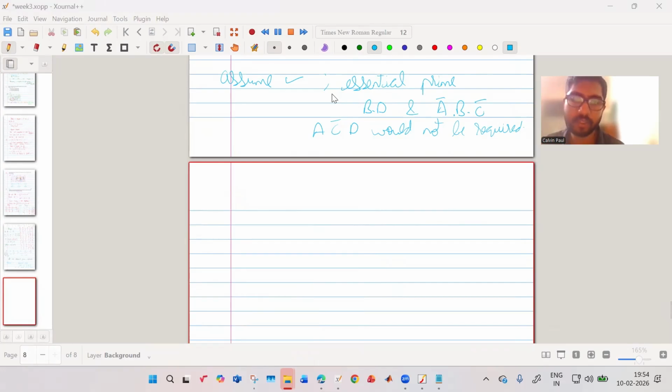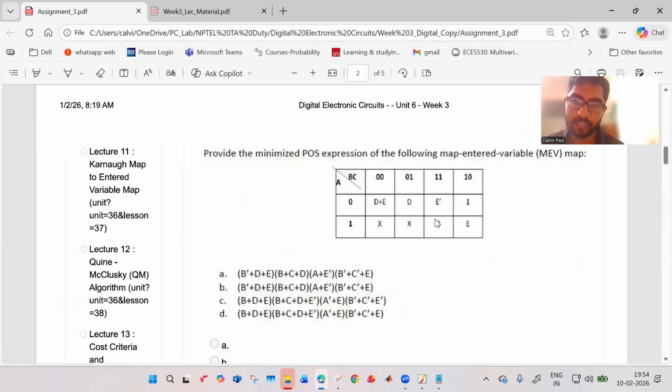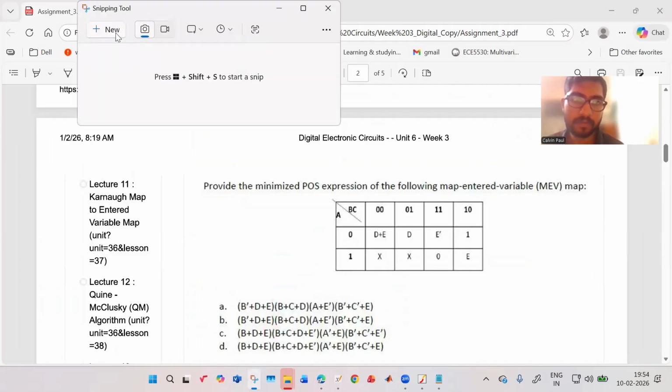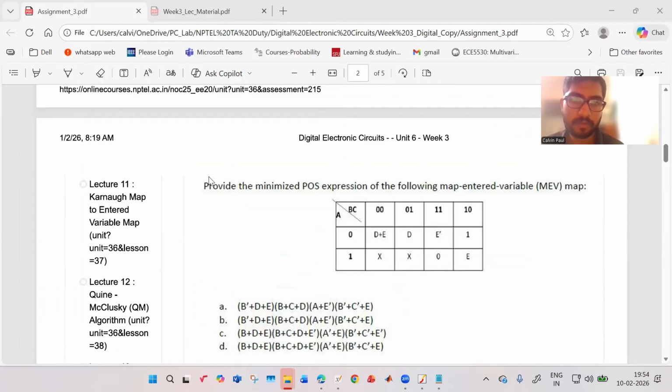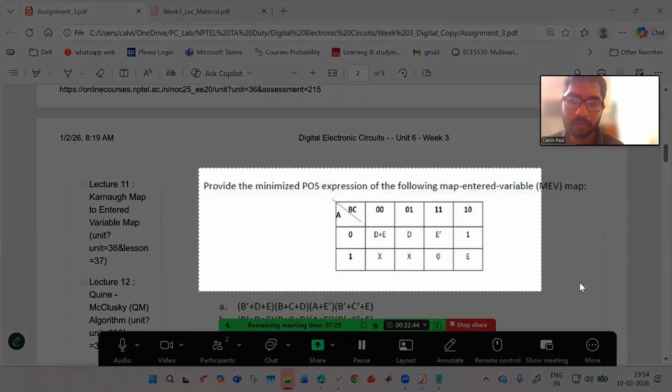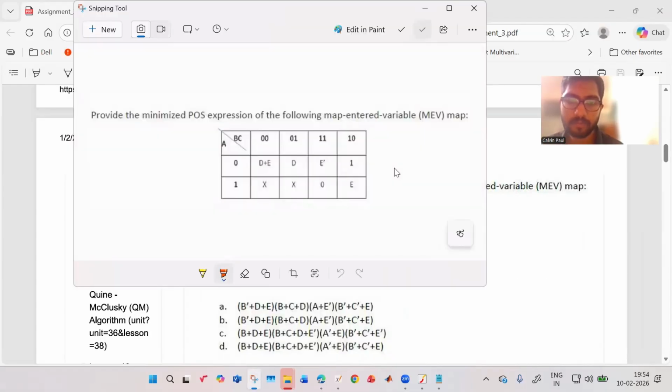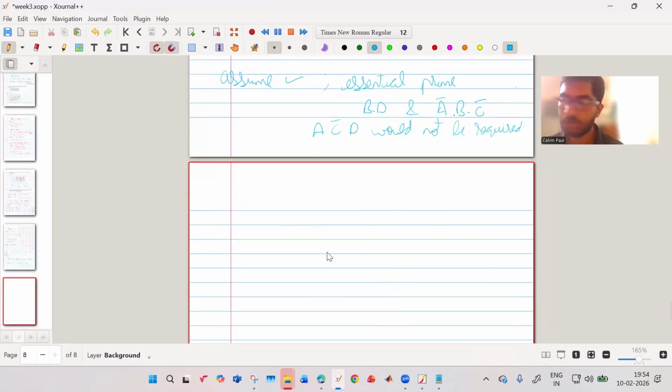Let us answer this question too. We have to find a map entered variable MEV map.